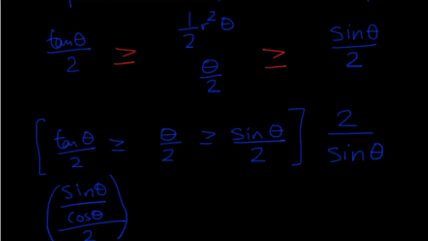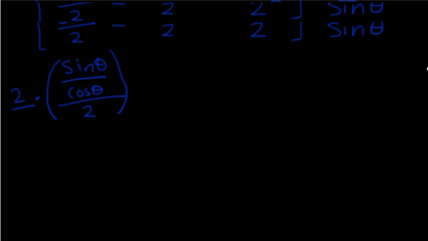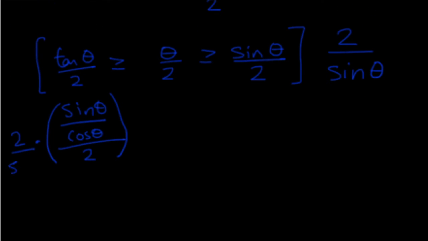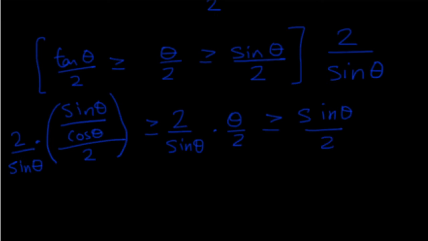And I'm going to multiply that by 2 over sine theta. And that's going to be greater than or equal to 2 over sine theta times theta over 2, greater than or equal to sine theta over 2 times 2 over sine theta.